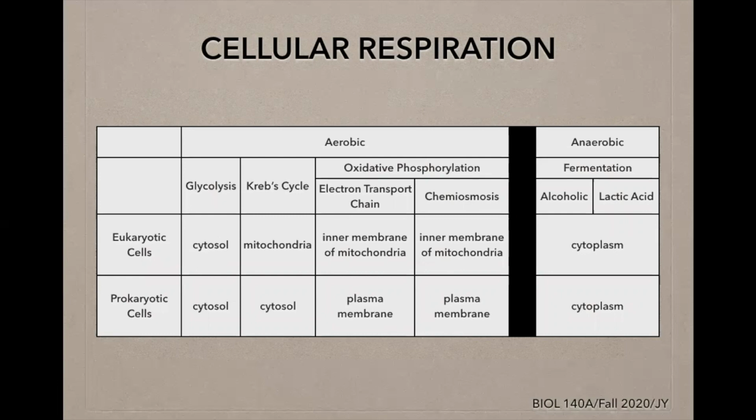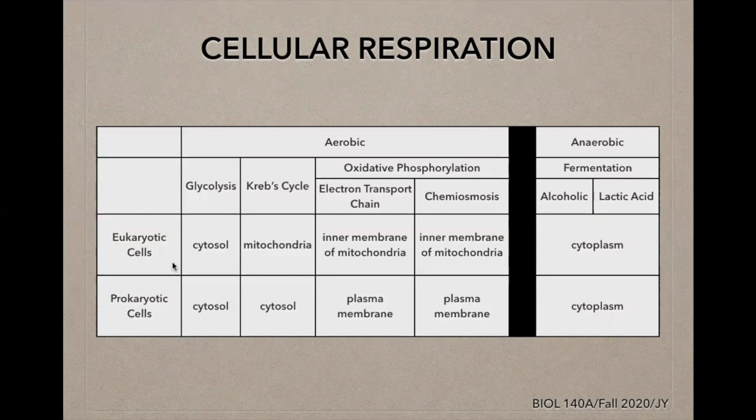So to review, we have eukaryotic cells and prokaryotic cells. Eukaryotic cells reside within plants, animals, fungi, and protists. These are cells from the domain Eukarya, which encompass the 4 kingdoms of Plantae, Animalia, fungi, and Protista.